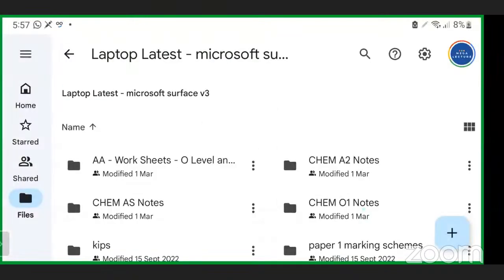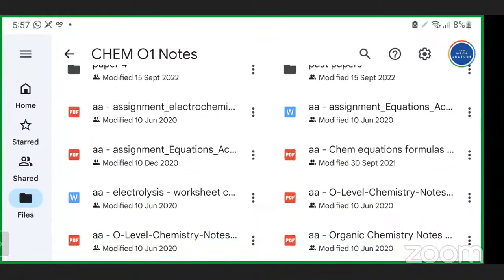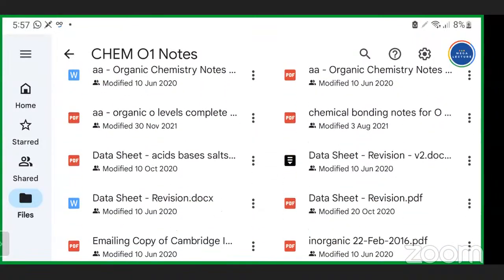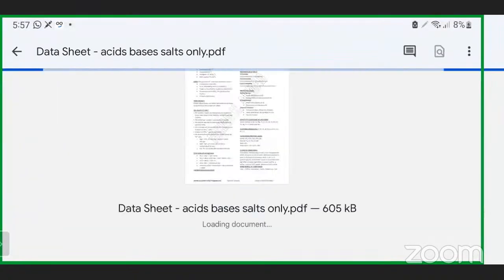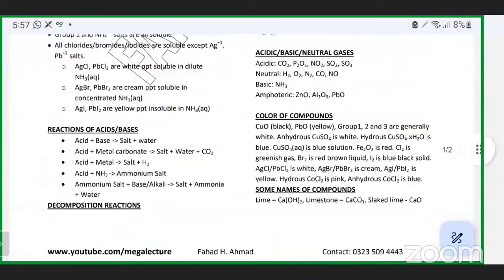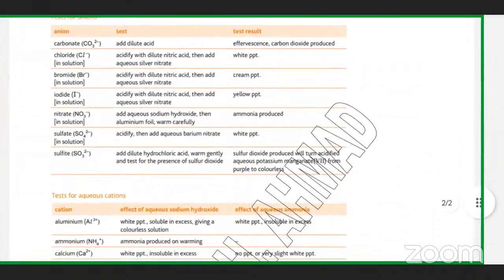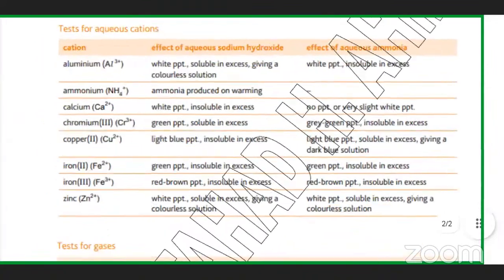One second. Over the notes. ये सारे टेस्ट हैं.